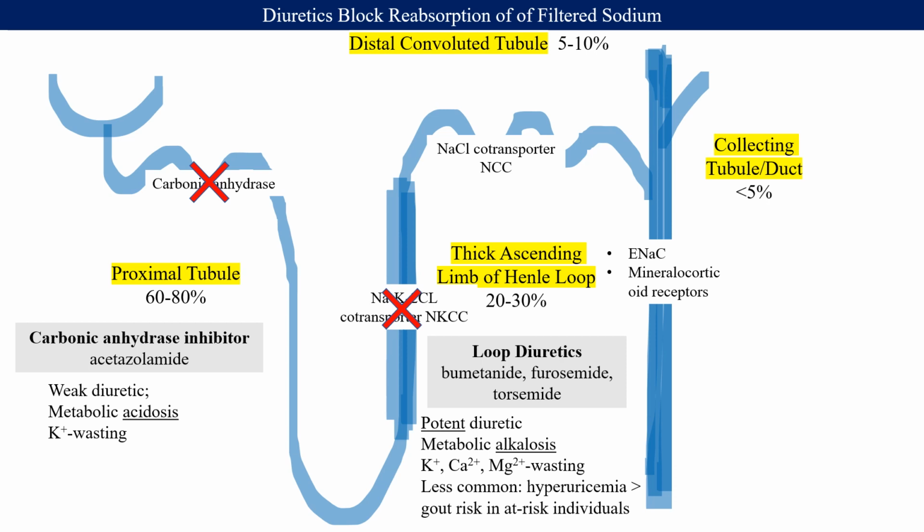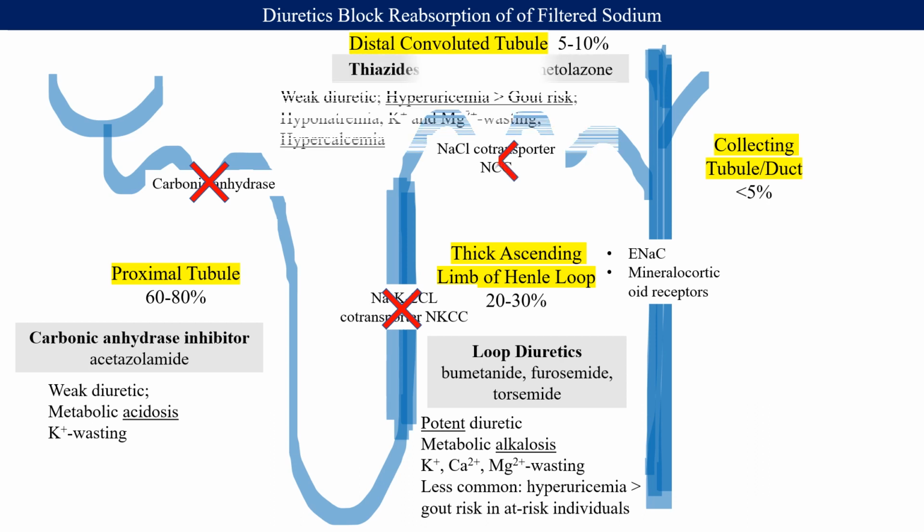At the distal convoluted tubule, we have thiazide diuretics such as chlorthalidone and metolazone that block NCC. These are weak diuretics because most of the filtered sodium has already been reabsorbed at more proximal segments. Thiazides are associated with hyponatremia, hypokalemia, and hypomagnesemia.